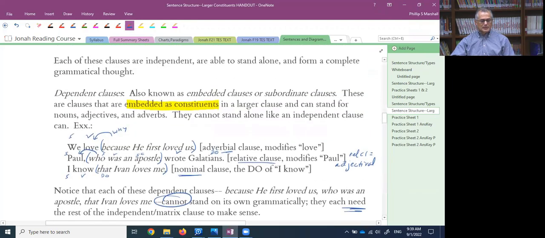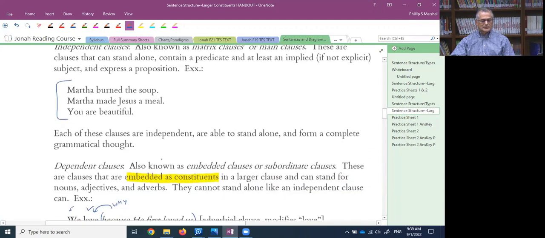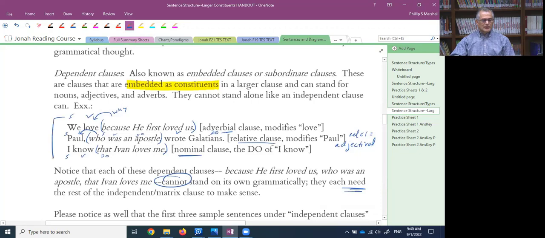Let me go back up here. So what I'm saying is these are independent clauses, right? These are also independent clauses. That is to say, the whole sentence, we love because he first loved us, that whole thing is an independent clause. It can stand on its own, right?